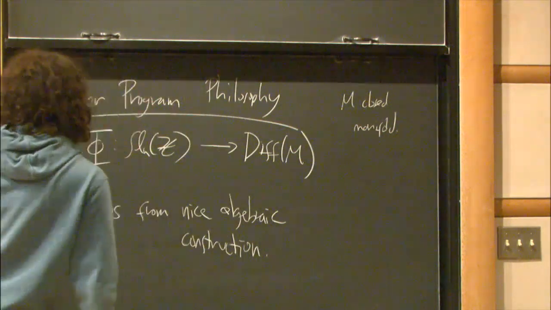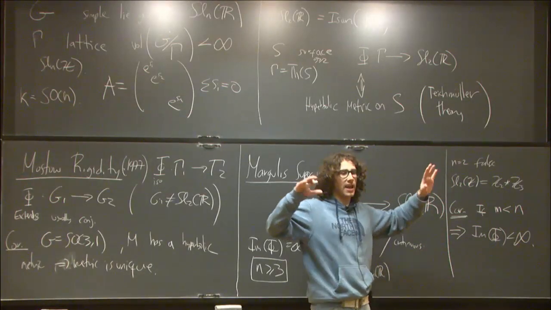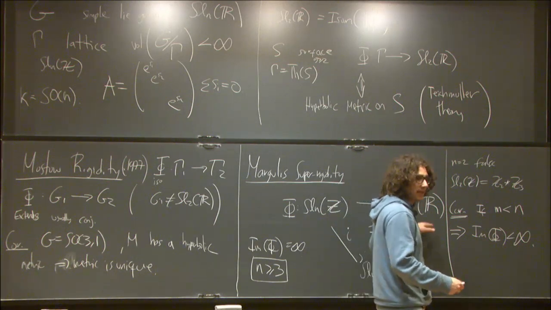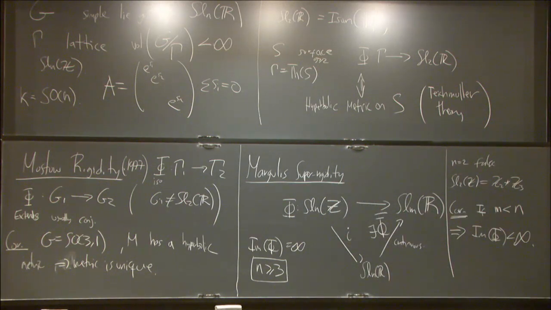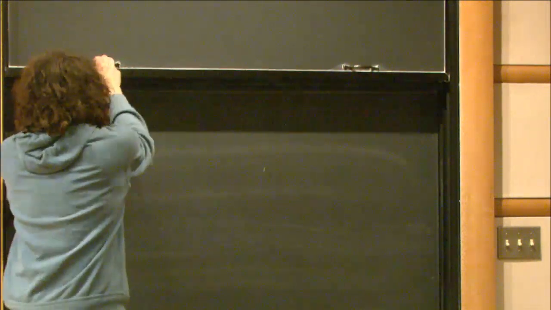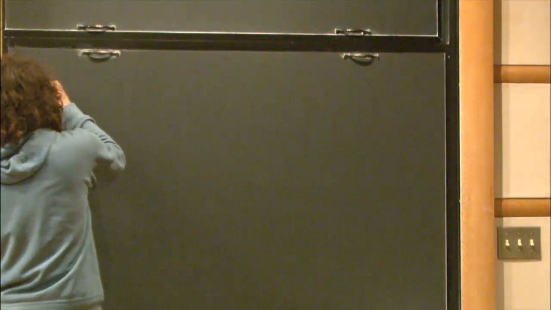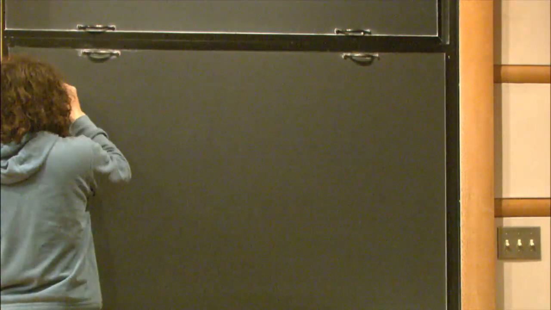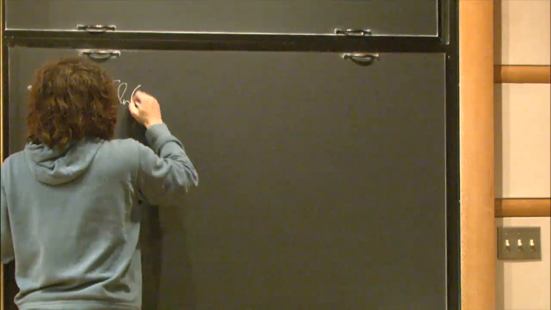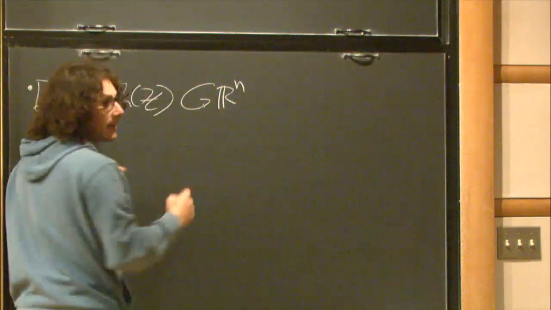Okay, so in the case where you have SL(n, R) acting linearly on R^m, in some big R^m, then it comes just from some nice embedding here. So I'll give a couple of examples. One example is you have SL(n, R) acting on R^n, right?